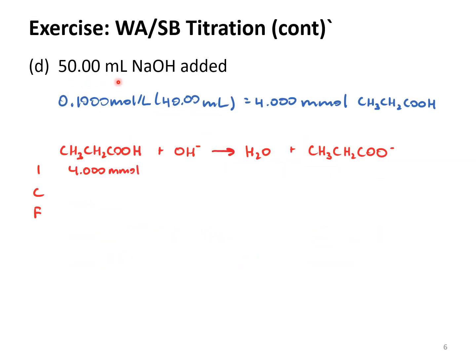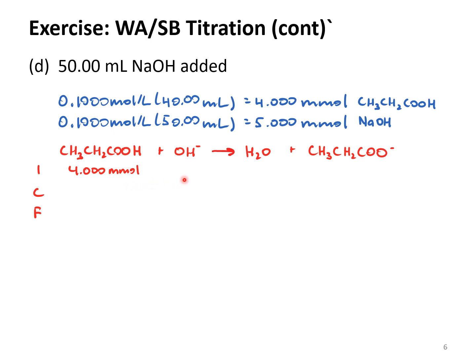When 50 milliliters of sodium hydroxide are added, we have 0.1 moles per liter times 50 milliliters, which gives us 5 millimoles of sodium hydroxide. Just as before, we see that propanoic acid reacts with hydroxide to form water and propanoate. Once again, the number of millimoles of propanoic acid always stays the same throughout the titration, and so again we have 4 millimoles of propanoic acid.